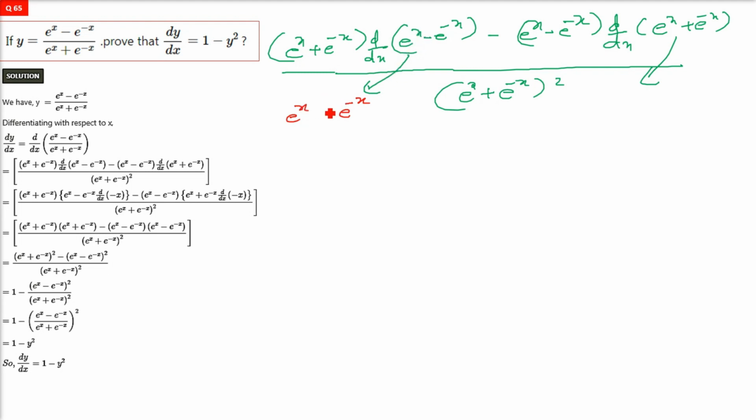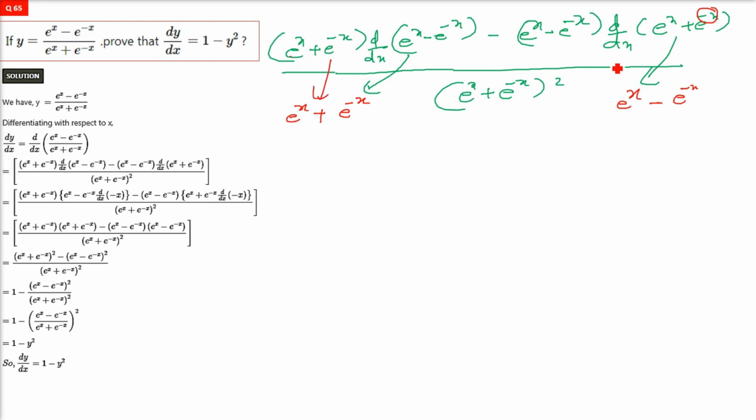So a negative will come outside. So it will be e to the power x plus e to the power minus x. Here you have e to the power x, and e to the power minus x will be e to the power minus x. Again a negative will come outside. So this will be e to the power x minus e raised minus x.